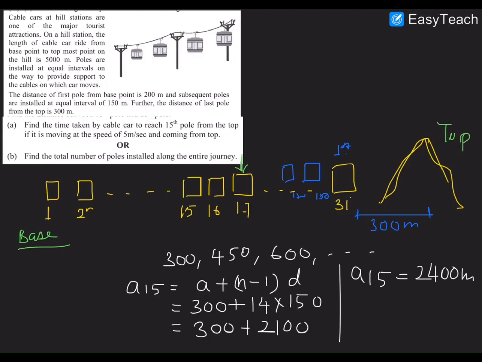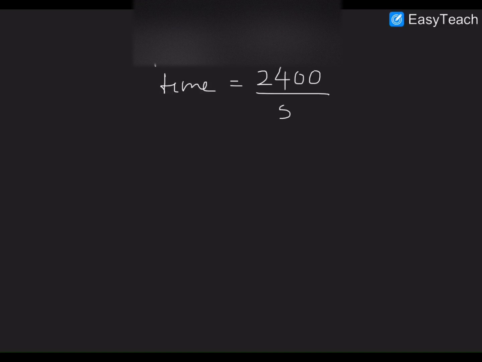This is the distance of the 15th pole from the top. In the same way, speed is equal to distance by time. You know the distance and the speed, so time is 2400 divided by 5, which gives you again 480 seconds. I hope both the methods are clear to you. Whichever you find easier, you can follow that.